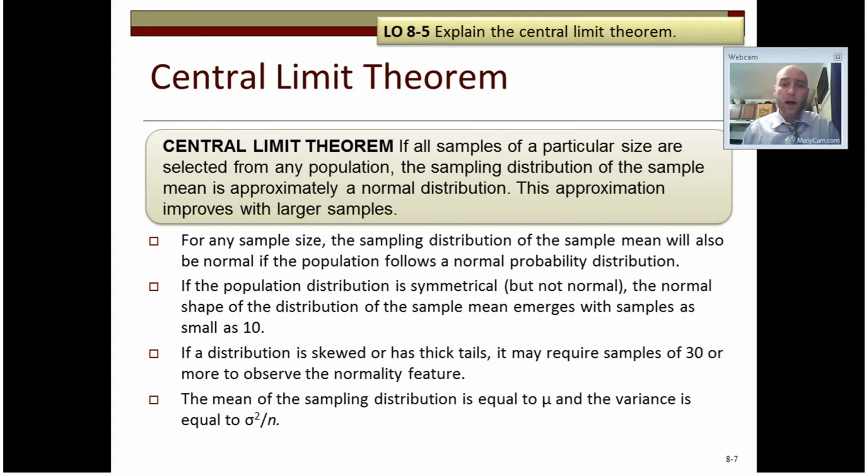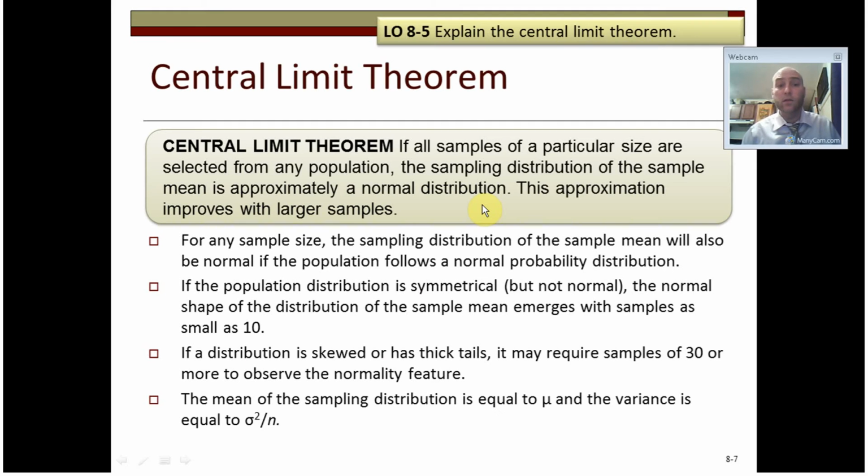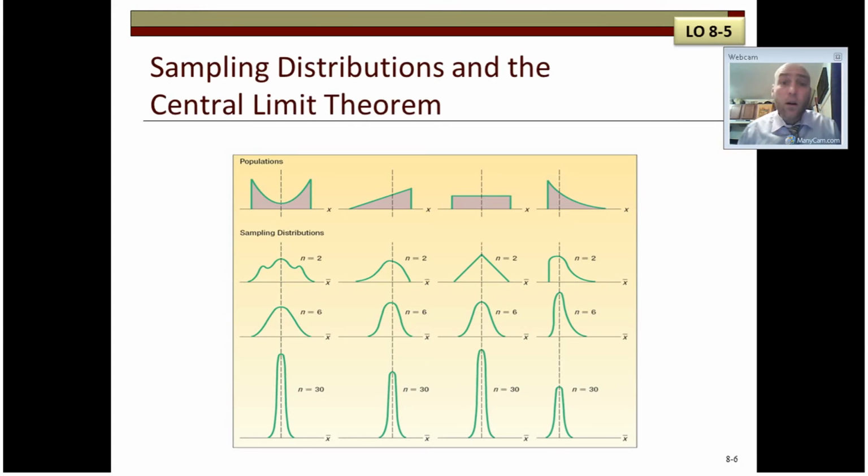Well, if the population is symmetrical but not normal, like one of these two here, whether it's a bimodal or a uniform distribution, the normal shape of the distribution emerges with a sample as small as 10. So if I take, give me 10, mean, give me 10, mean, give me 10, mean. If I start with something that is symmetrical, like this or this, with samples as small as 10, I can create sampling distributions that are approximately normal.